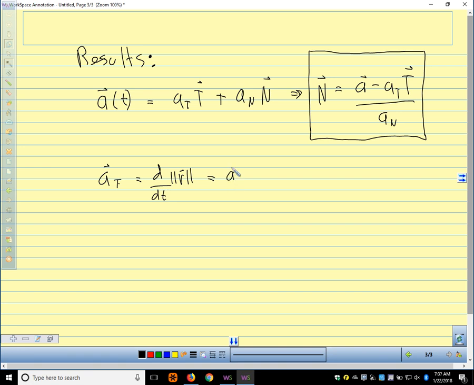We also saw that it was a dot t, and we saw before, and we could look at v dot a, that it is also equal to v dot a over the magnitude of v. This is usually going to be one of these two, but this is usually going to be the preferred way to calculate a sub t. V dot a over the magnitude of v.